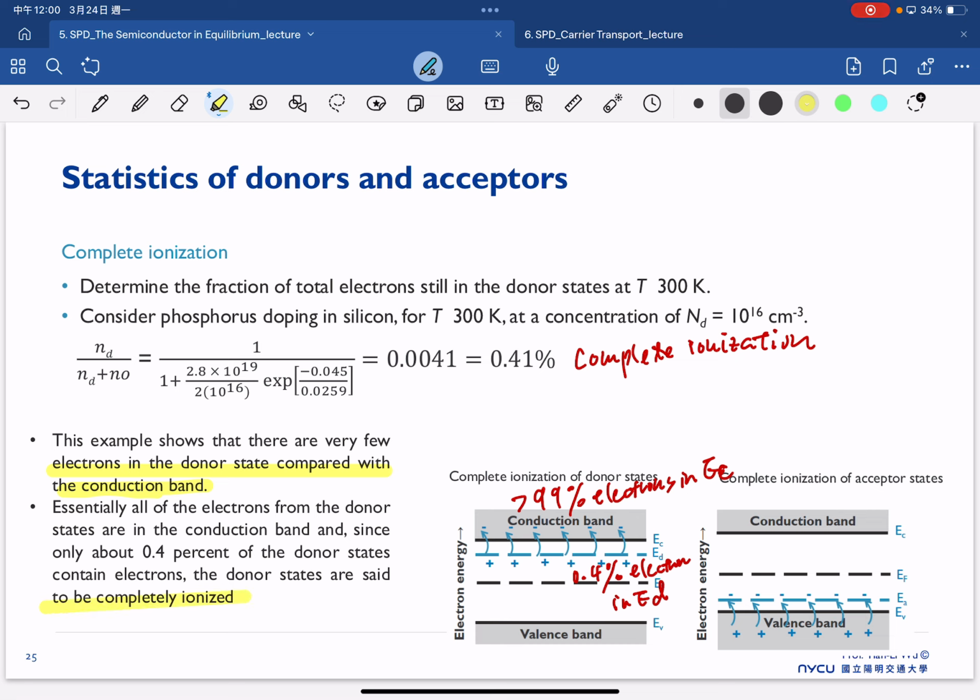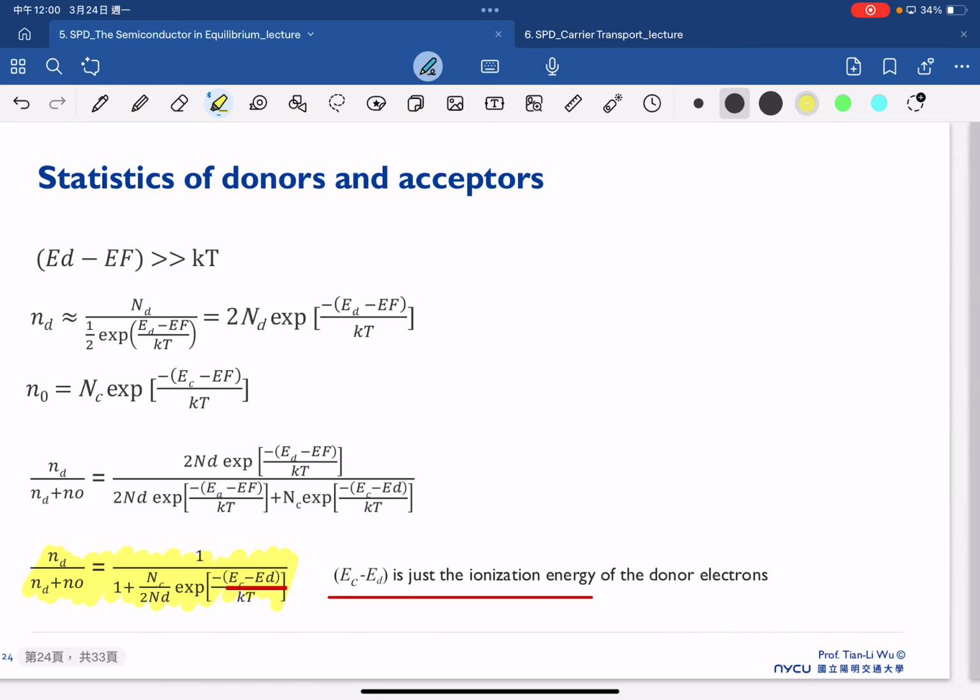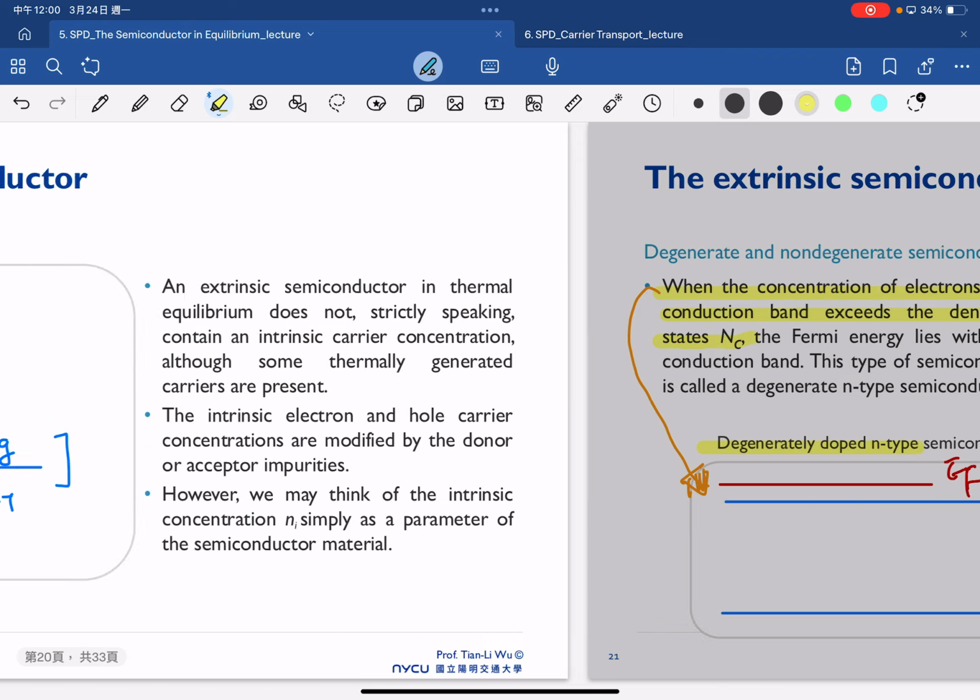So this is the same phenomenon that we described before, that the ionization energy in the end can influence how many electrons or holes can be generated, how many can be ionized. This is exactly the one I mentioned here.